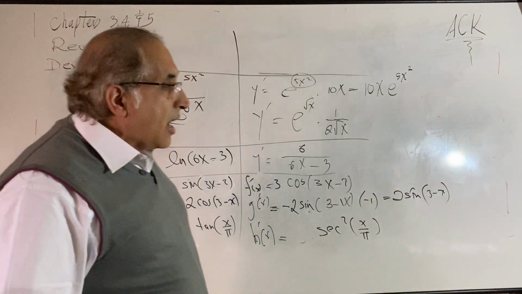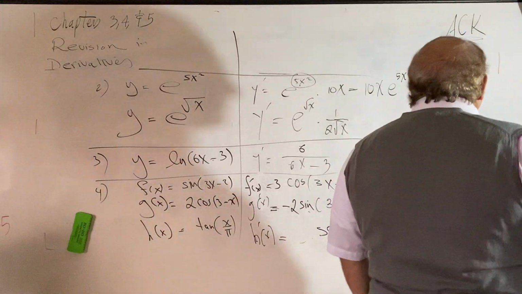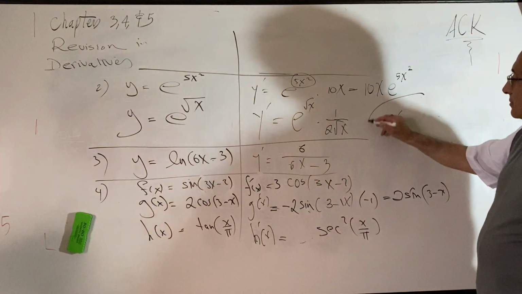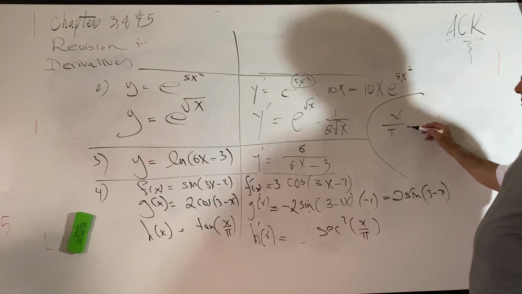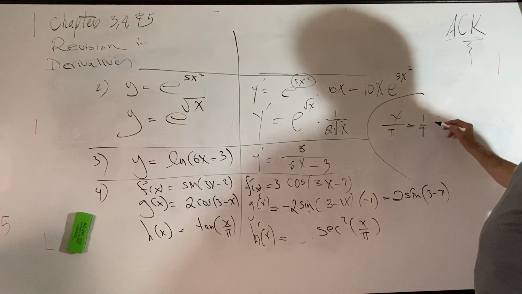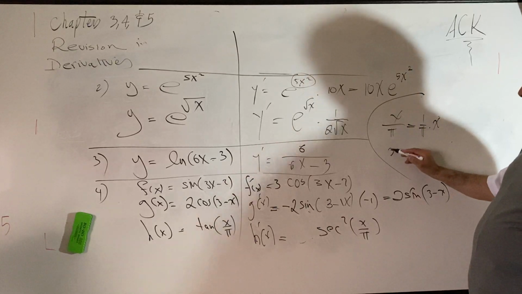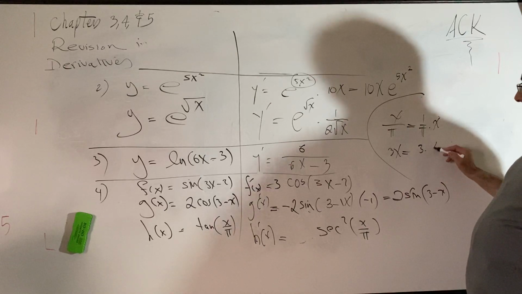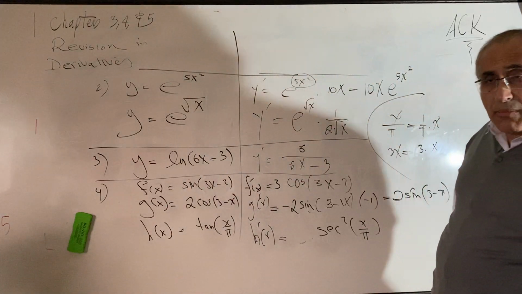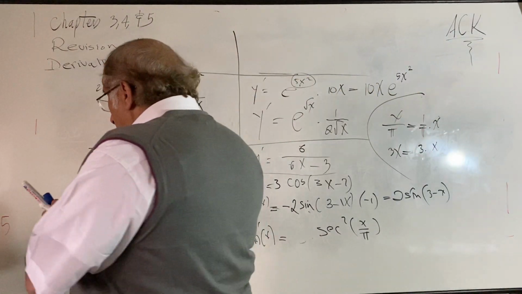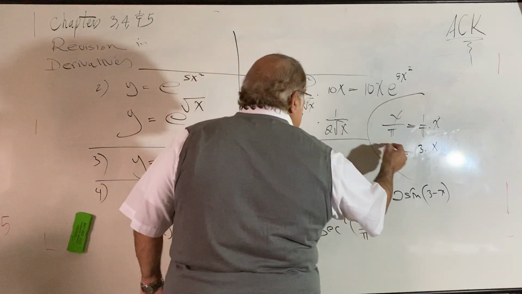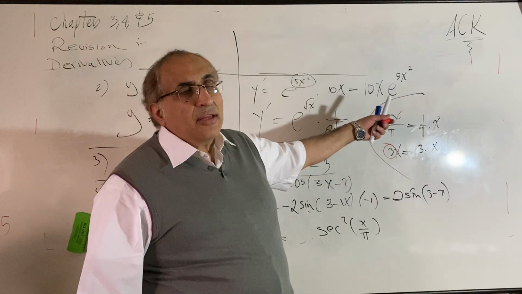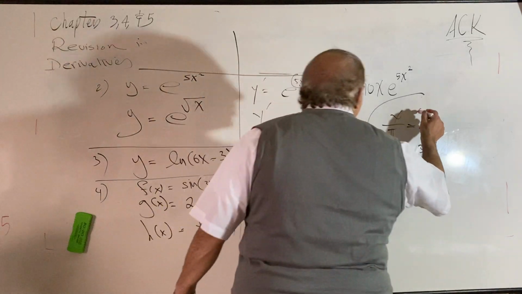Anybody knows how can I rewrite x over pi? Ladies and gentlemen, x over pi is written as 1 over pi times x. Like 3x, this is 3 times x. These are the same order. The coefficient of x is 3. The coefficient of x over pi is 1 over pi.